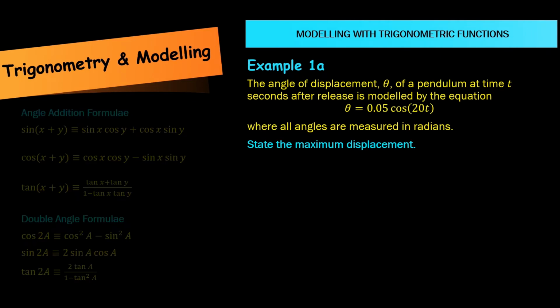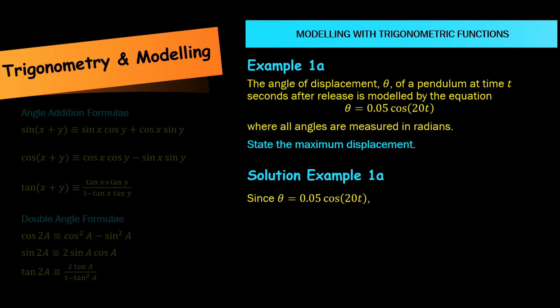The angle of displacement theta of a pendulum at time t seconds after release is modelled by the equation theta equals 0.05 cos 20t, where all angles are measured in radians. We are required to state the maximum displacement. So let's solve this.